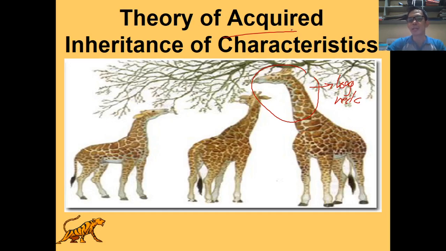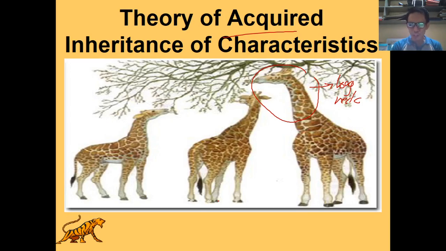Meaning to say, if that dog produces offspring, then the next generation of dogs will have no tails. Do you get what I mean? That is all about the acquired inheritance of characteristics. According to Lamarck, whatever is acquired will be inherited by the offspring.